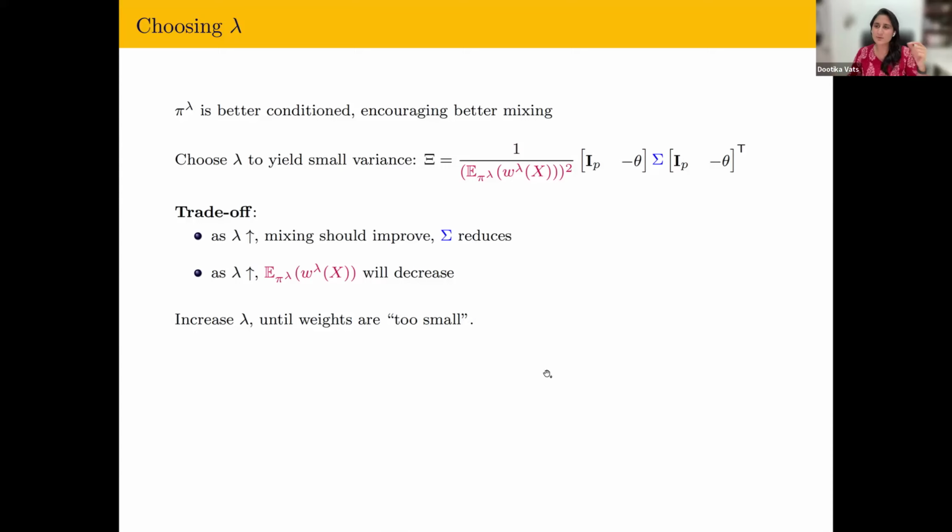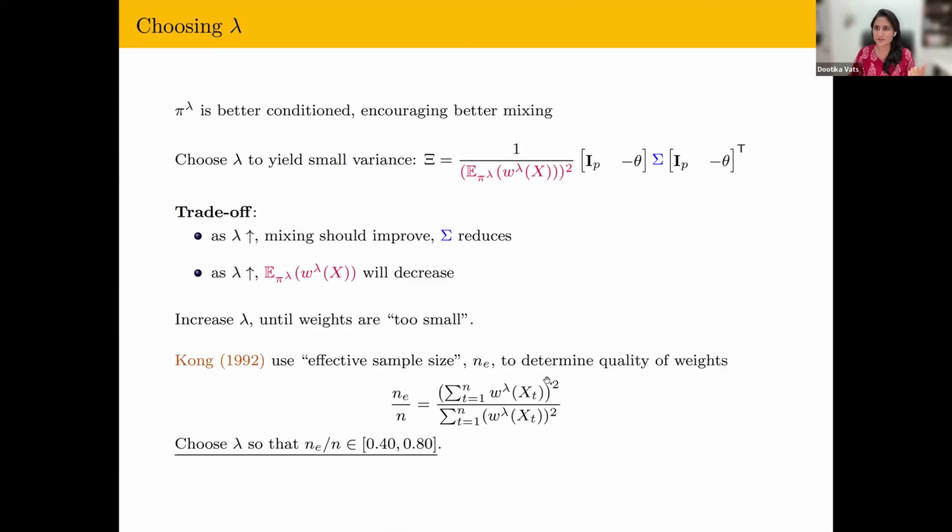Well, we can employ some of the heuristics that are available in the importance sampling literature via the importance sampling effective sample size, which tries to quantify the second moment and variability of the weights. So Kong's work in 1992 describes the importance sampling effective sample size, NE, such that NE by N is the square of the first moment of the weights divided by the second moment of the weights, in an effort to measure variability.